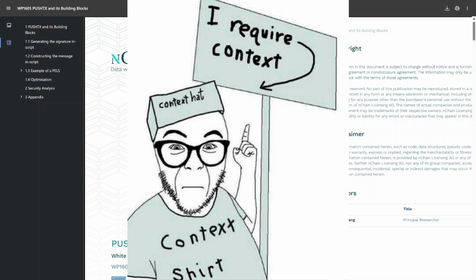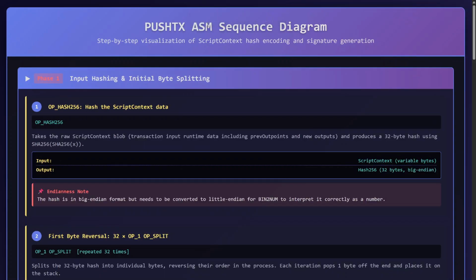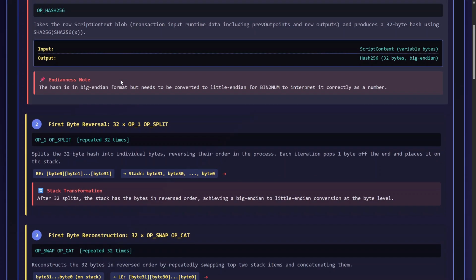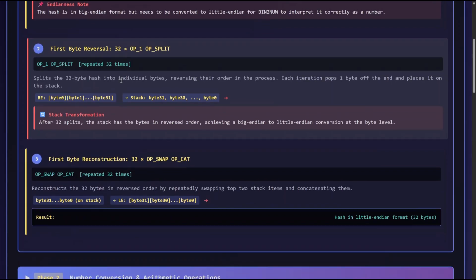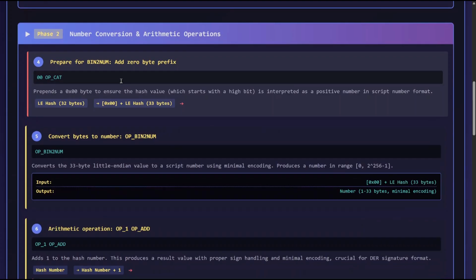It works in a very interesting way. Using a fixed and openly known private key with its public key hard-coded into the script and creating a signature using some pre-computed ECDSA intermediary values, big number arithmetic, and validating that signature using OP_CHECKSIG, we can verify that a given script context data blob correctly reflects the current transaction's input runtime information.